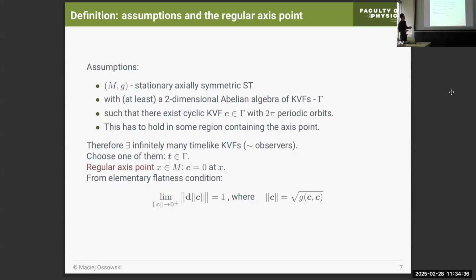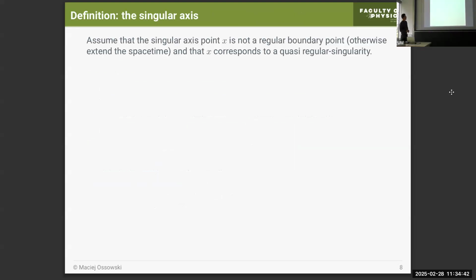So if we are not so lucky, and we don't have a regular axis point, then we propose to define some kind of notion of singular axis. So what would we like to expect from this definition? First of all, it should really be a singularity.